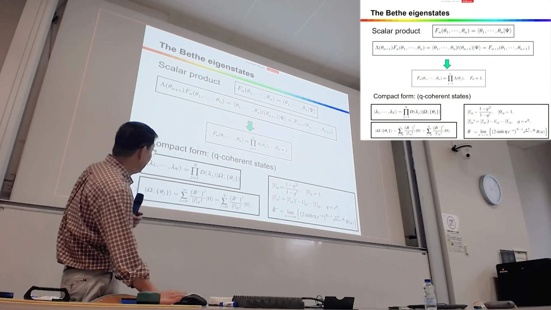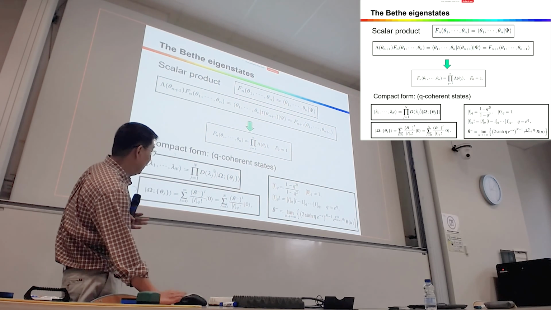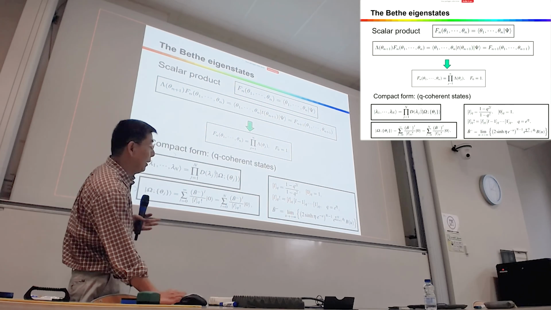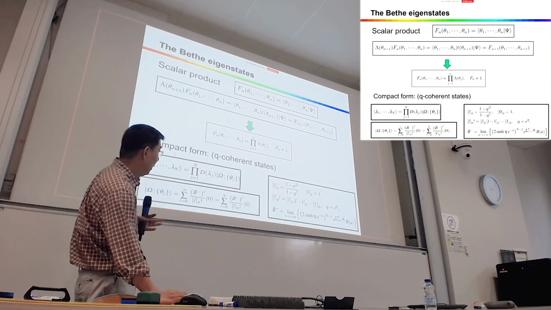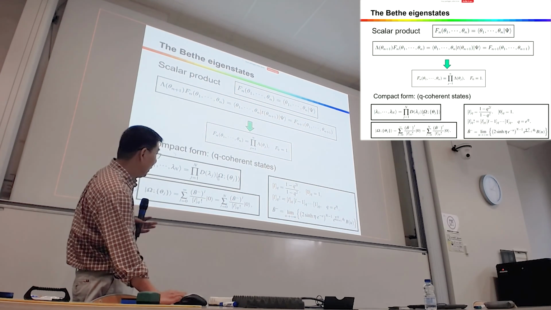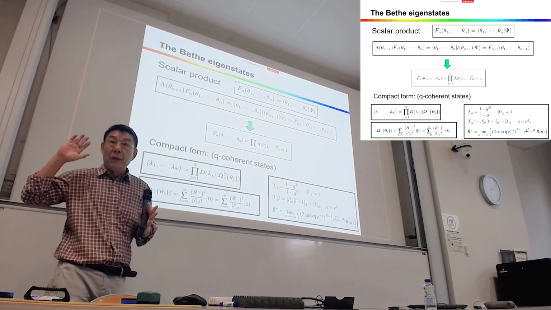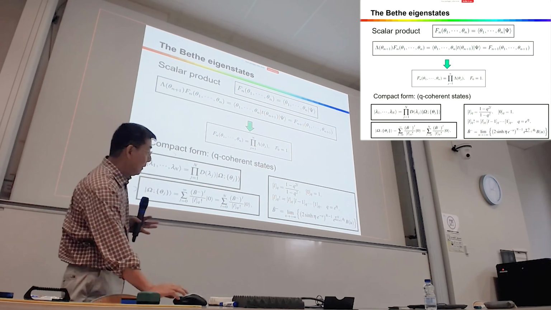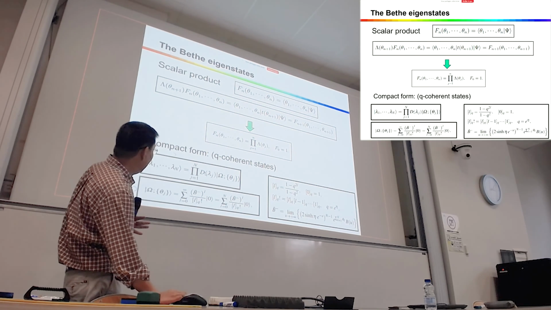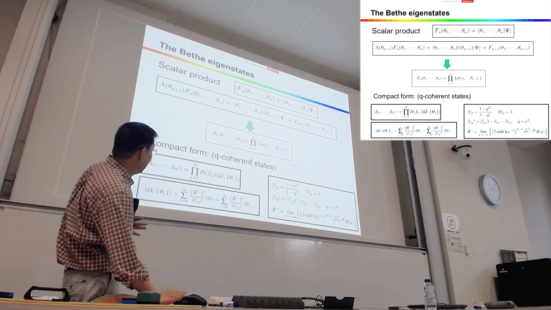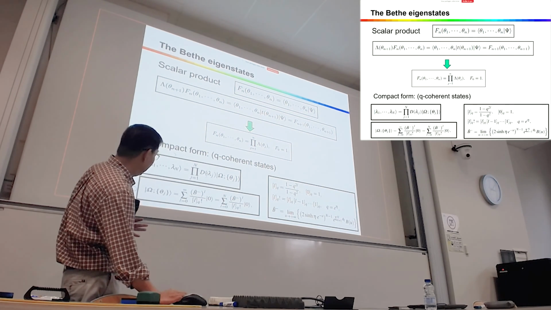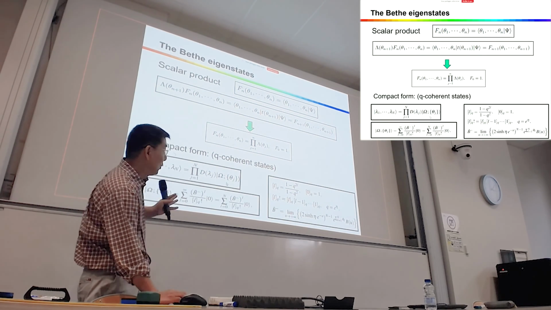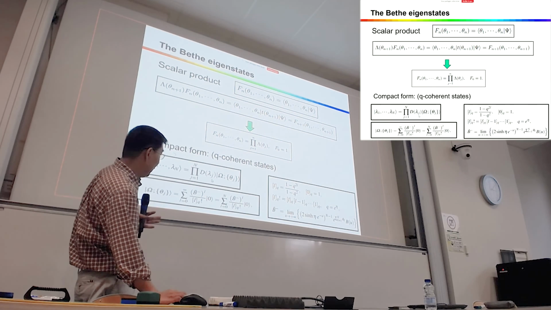And so we can get such an eigenstate. But in compact form, we just define the eigenstate to be D(lambda_j), where lambda_j are the Bethe roots, acting on some unknown reference state Omega. Omega is unknown, but we can use this identity to prove that this state is indeed an eigenstate of the off-diagonal transfer matrix.